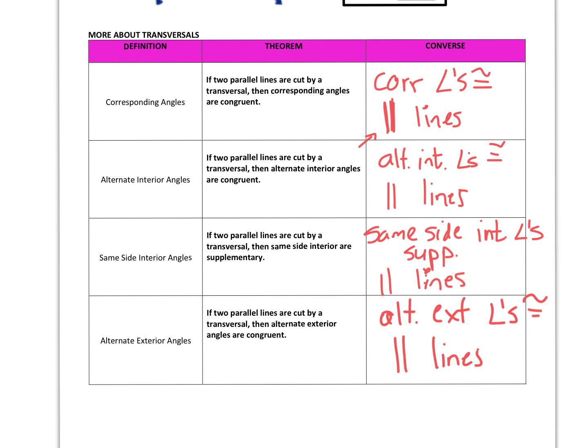If you ever want to know if two lines are parallel, just check the angles. If the corresponding angles are congruent, or the alternate interior angles are congruent, or the alternate exterior angles are congruent, then the lines are parallel. And if the same side interior angles are supplementary, we also know the lines are parallel.